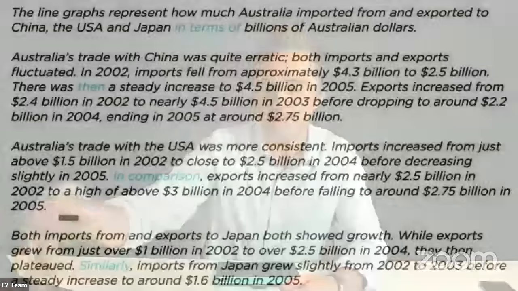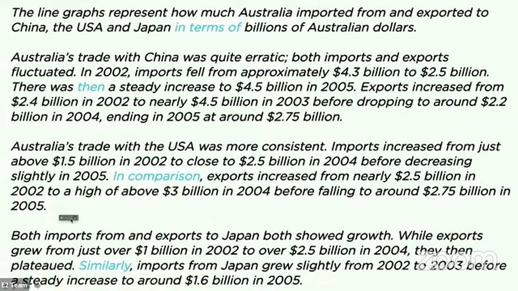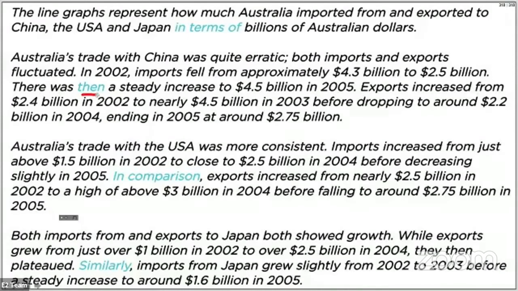So let's have a look at the purpose of these linking words here. And we're going to start with then. I'm going to leave this one. It's a bit different. Okay, so this happened, then this happened. That's fine. That works. Or what we can say here is, imports increased.